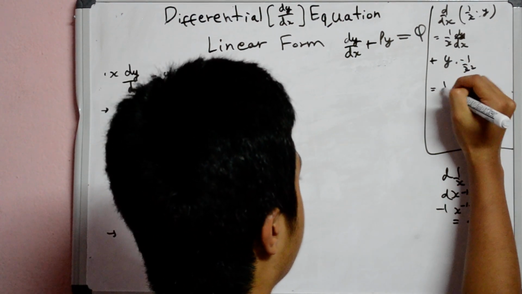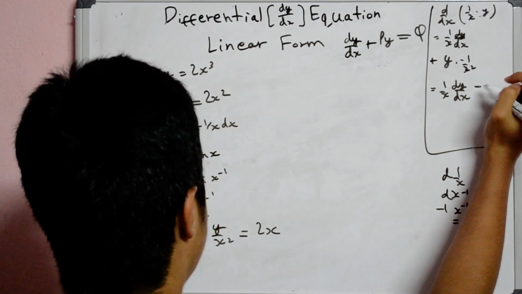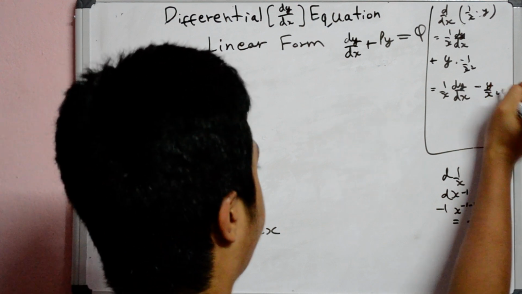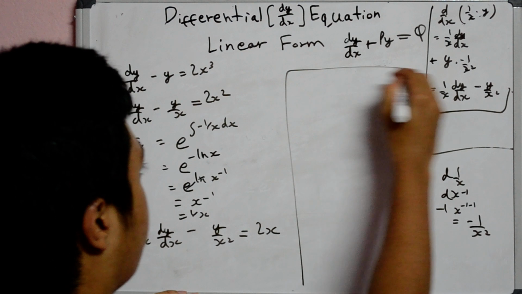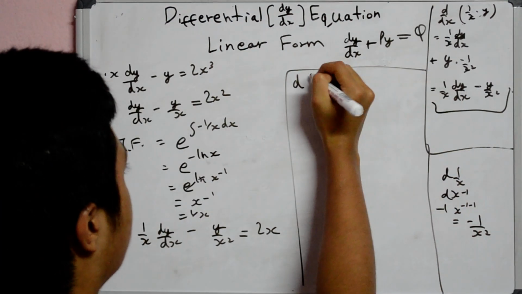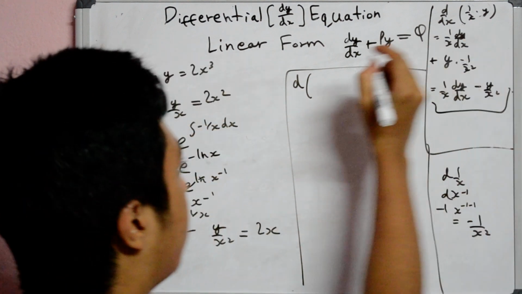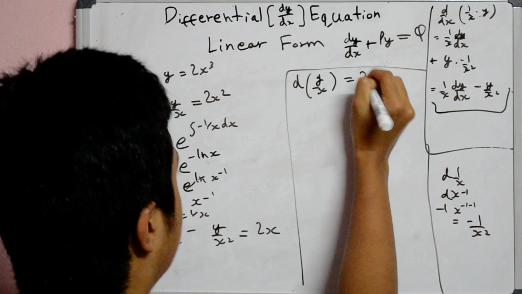So we'll get 1 by x dy by dx, this minus comes forward, minus y by x squared. So this matches with that. So what we know is that this is the derivative of 1 by x into y, which we can write as y by x, which equals 2x.